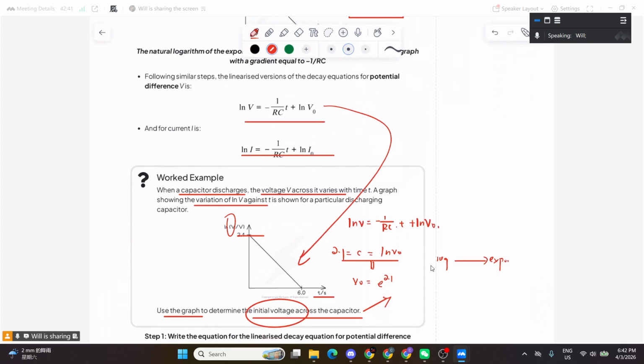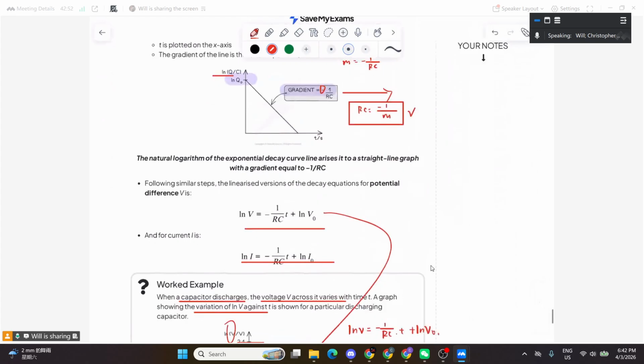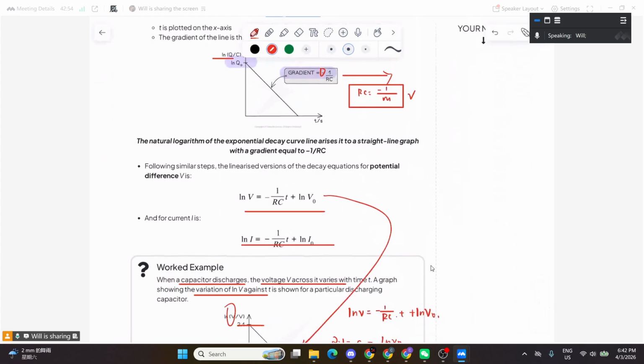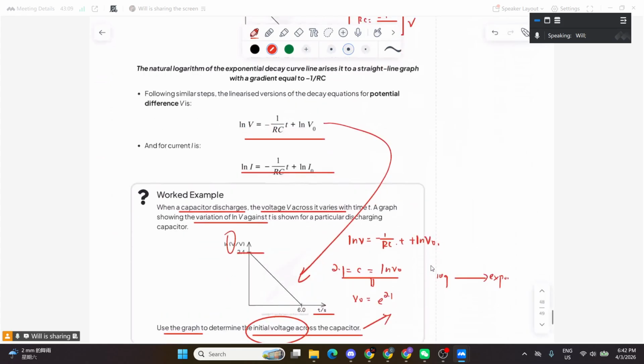Is there any problem? No problem. So in the discharging process we have transferred the exponential decay into a log equation. A log equation can be written as a linear, straight line, with the gradient and the intercept with the y-axis.